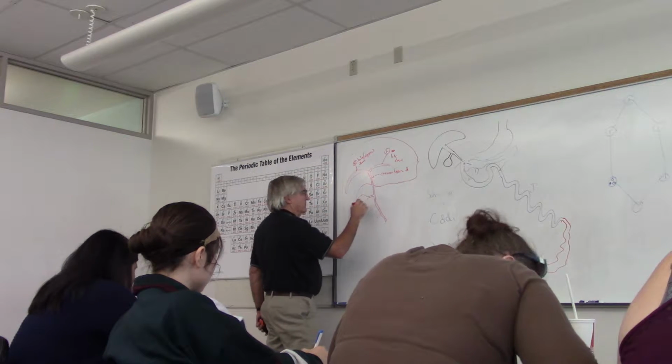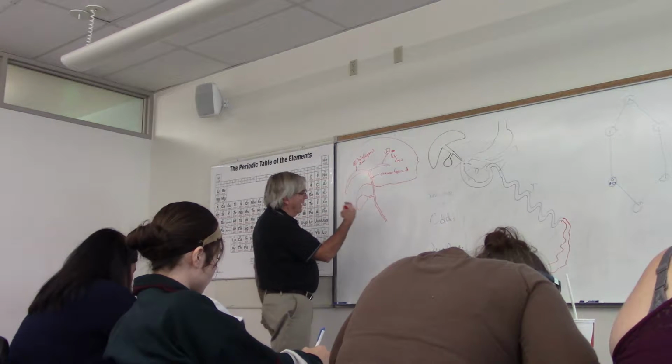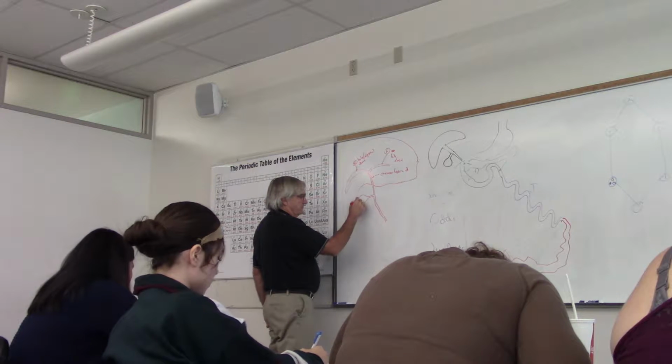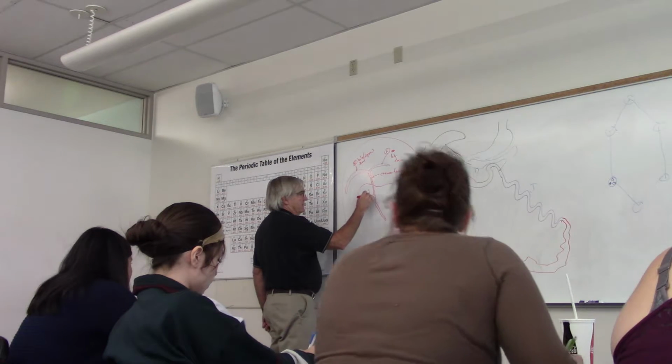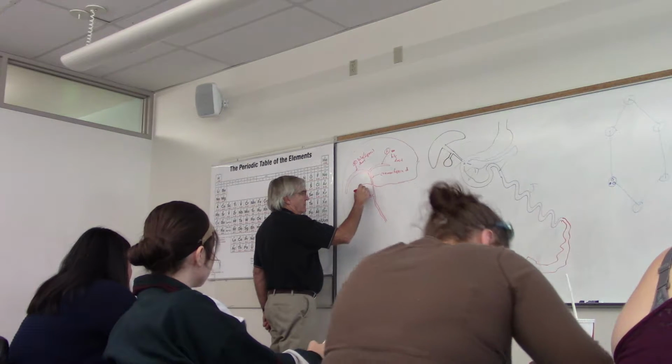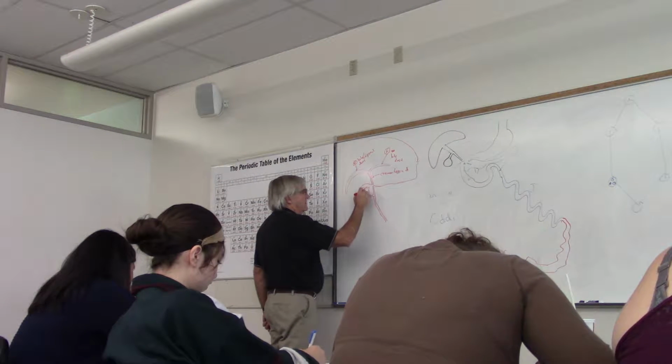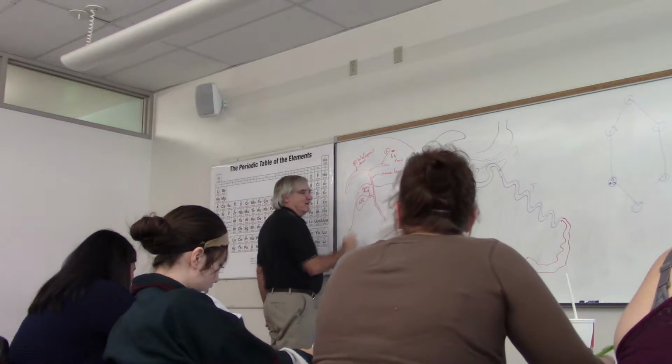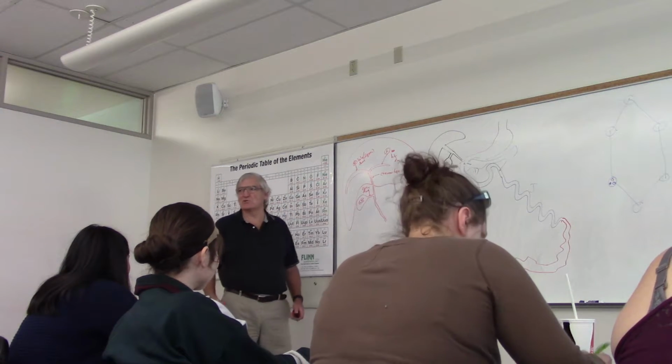And it can either take a right-hand turn and go out into your gallbladder, and if it does, it takes a little trip through this duct, which is called the cystic duct.